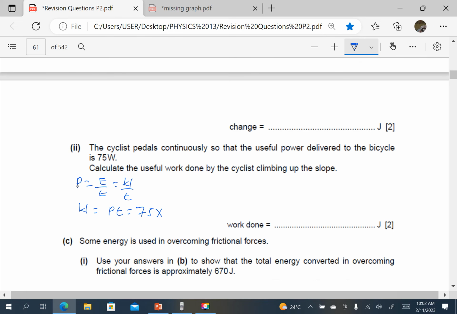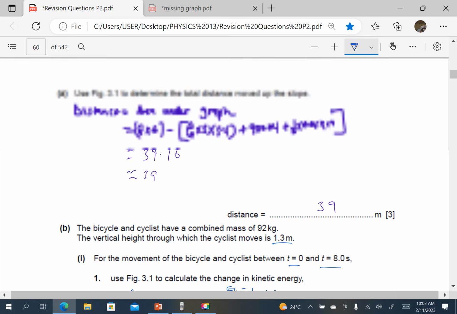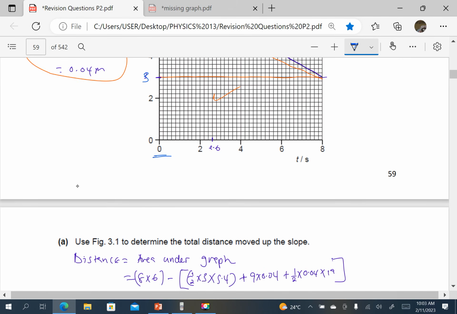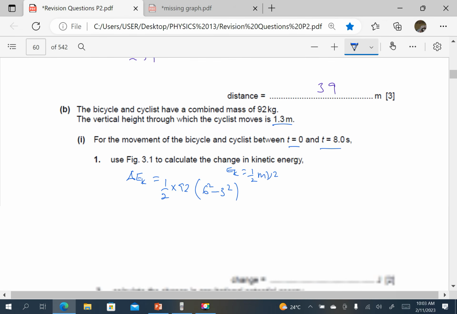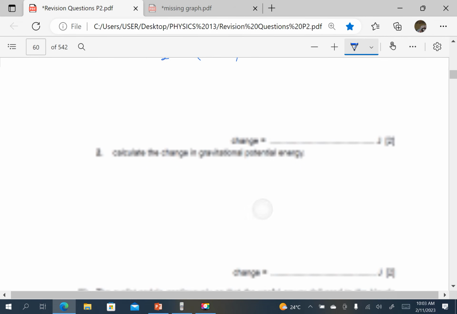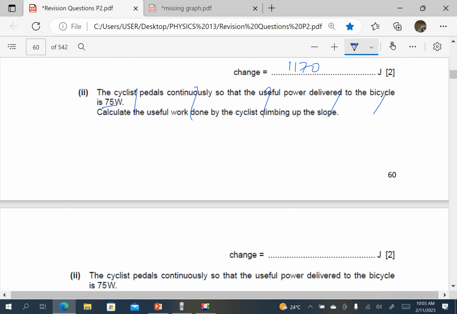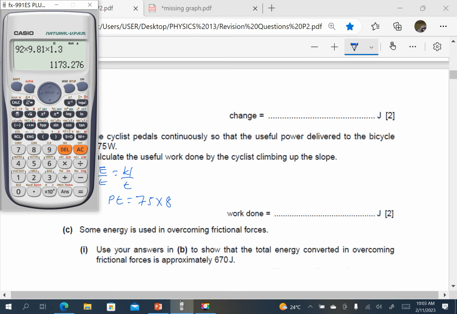The time given is from 0 to 8 seconds, so that would be times 8. So 75 times 8, that is 600.